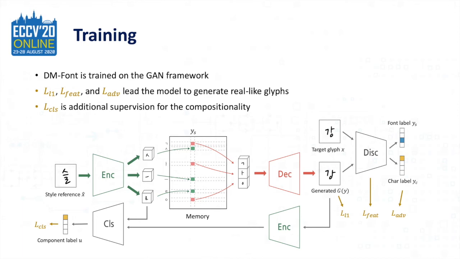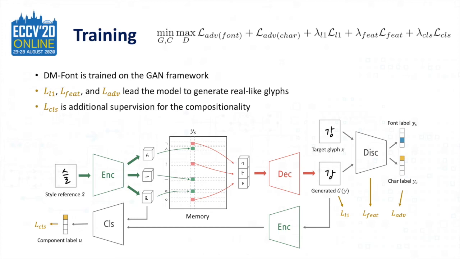This objective enforces the encoder to decompose an input glyph into component-wise features, and the decoder to synthesize decomposable glyphs. Finally, we use two multitask discriminators with a shared backbone for font and character labels. So our final objective is defined like this. We train the whole model jointly in an end-to-end manner.